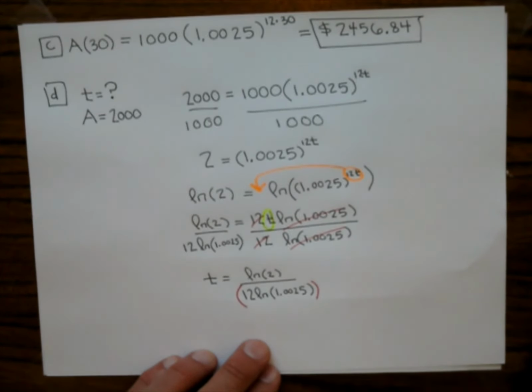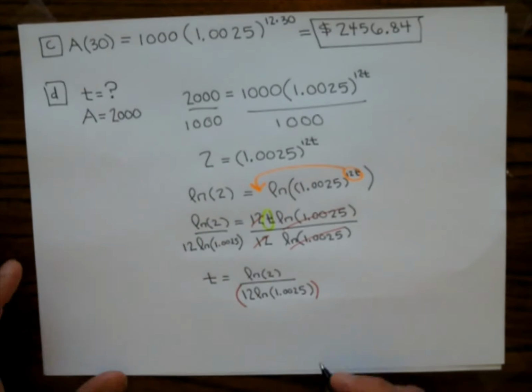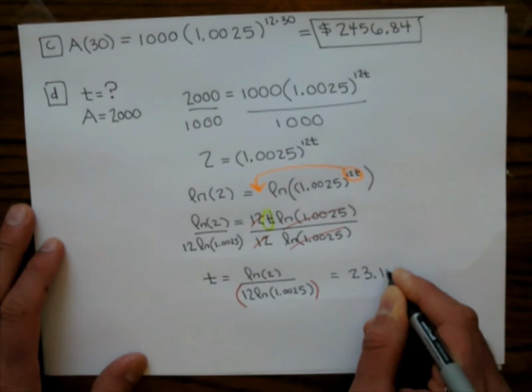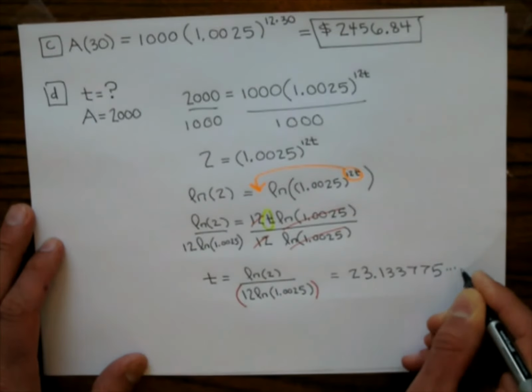I'm going to go ahead and do this on the calculator, put in my parentheses, and 1.0025, and I end up getting 23.133775, okay, and it just keeps going.